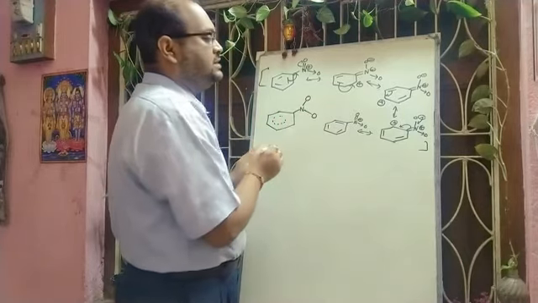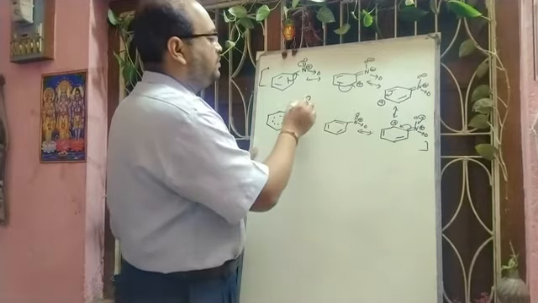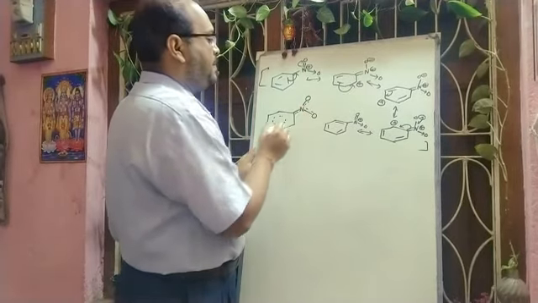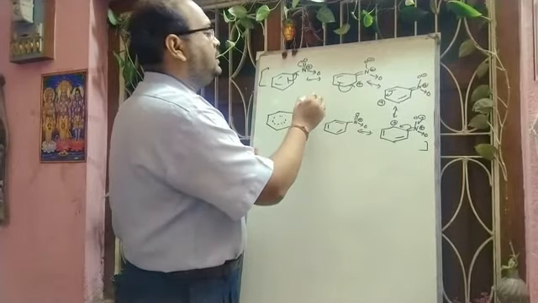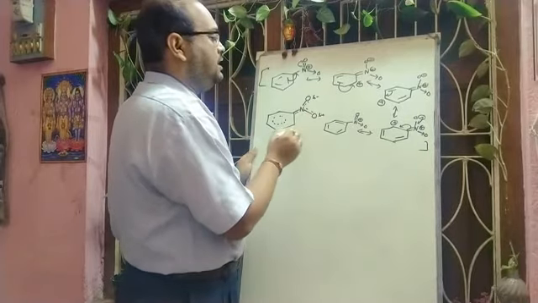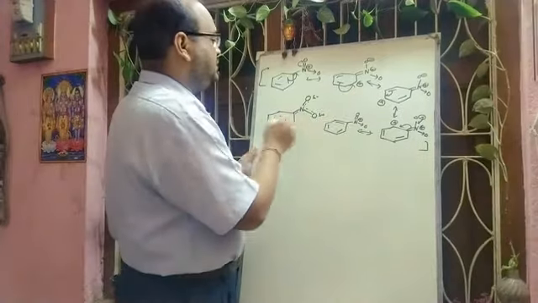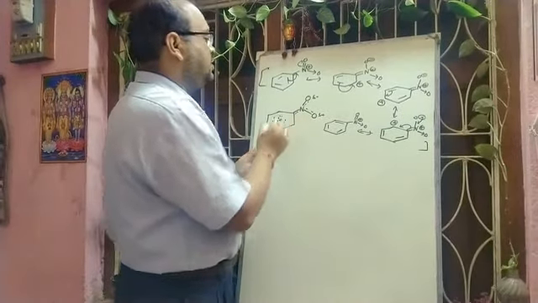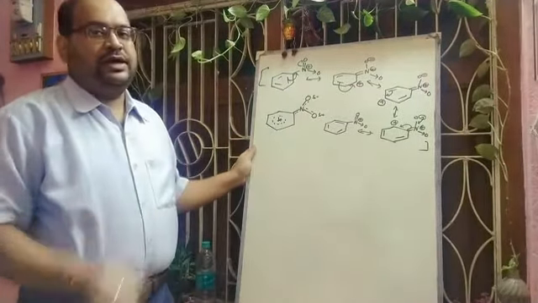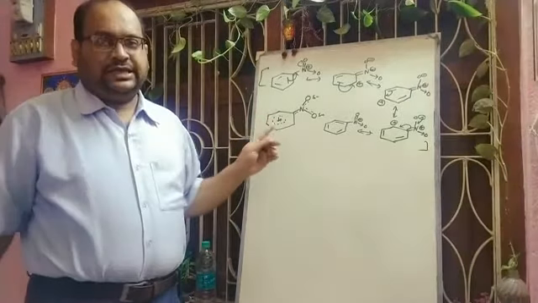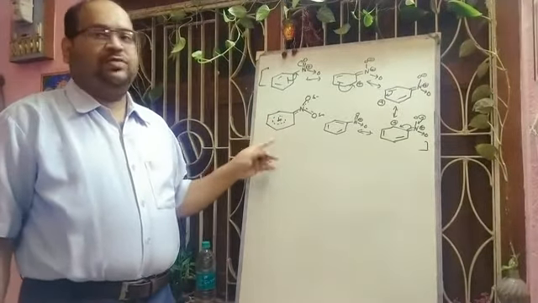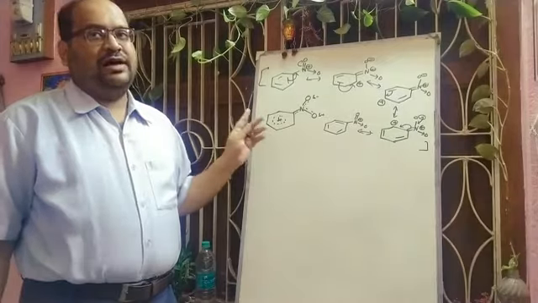One negative charge is dividing. So these are delta negative, and inside this the positive charge is rotating, delta positive. So this nitro group is decreasing the electron density at the ortho position as well as the para position.